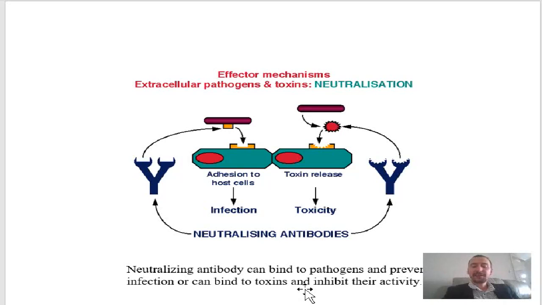That's the effect of neutralizing antibodies. So it's another mechanism where immunoglobulins or antibodies can offer protection against toxins by neutralizing them through binding.